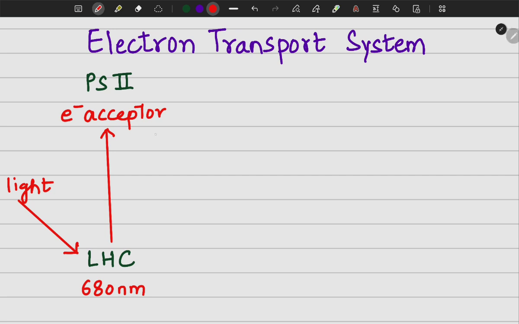From this electron acceptor, the electrons further move through different cytochrome systems. This constitutes the electron transport system. The electrons are moving downhill in terms of their oxidation-reduction, or redox, potential.